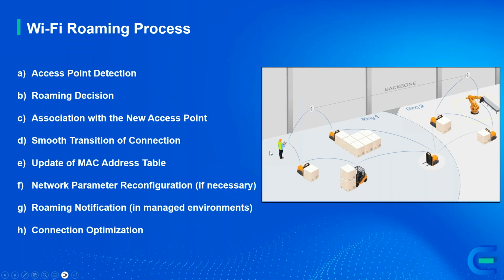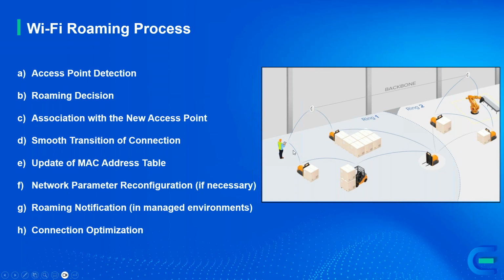As soon as this guy is walking by, crossing or traversing the area and getting out of ring one and into ring two, the other space, the device is going to be able to automatically switch or swap from access point A to access point B. So this is what we call association with the new access point.